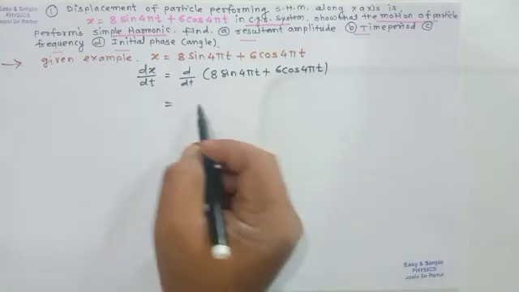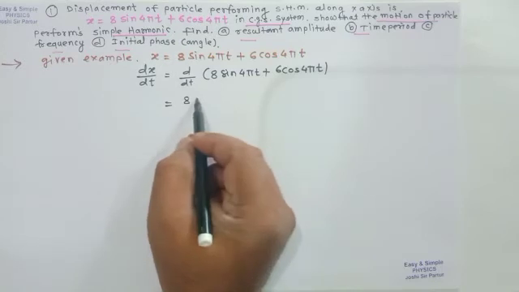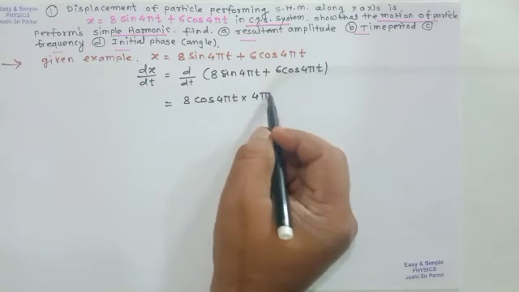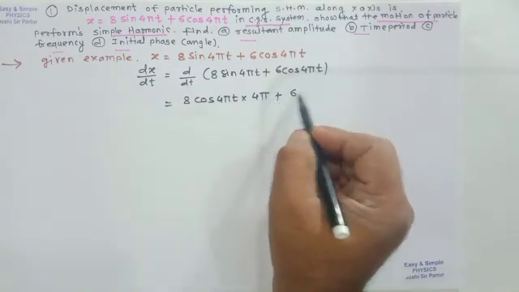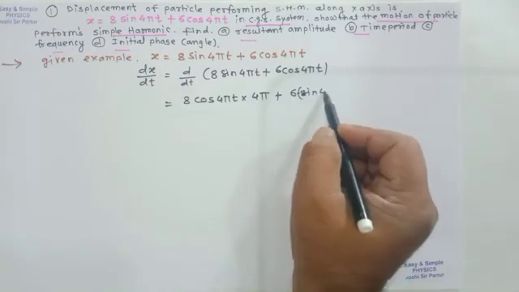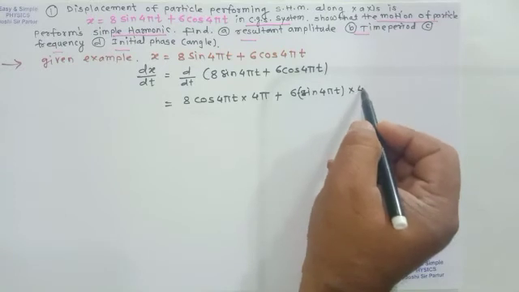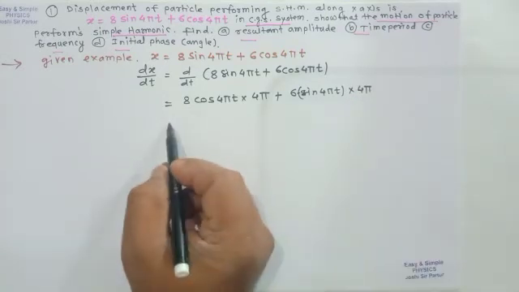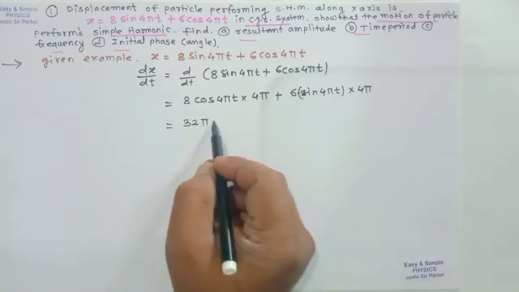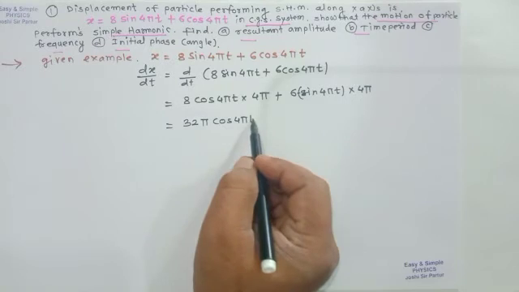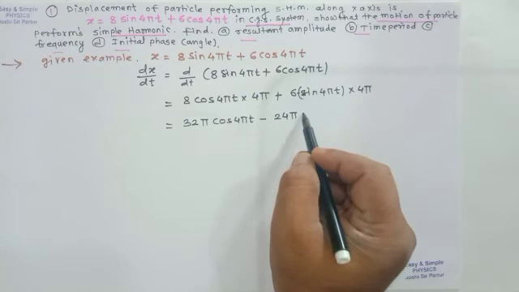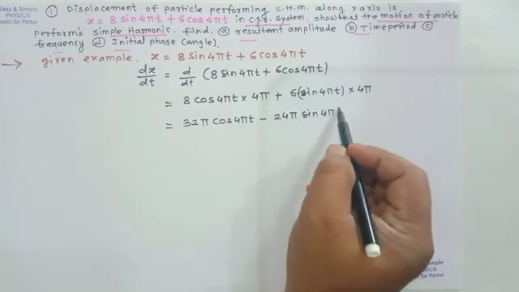So its value will be 8 cos of 4 pi t multiplied by 4 pi plus 6 minus sine of 4 pi t multiplied by 4 pi. Again, we can write it as 32 pi cos of 4 pi t minus 24 pi sine of 4 pi t.